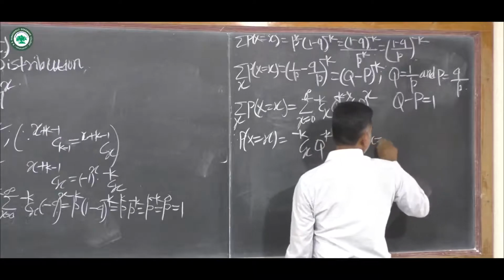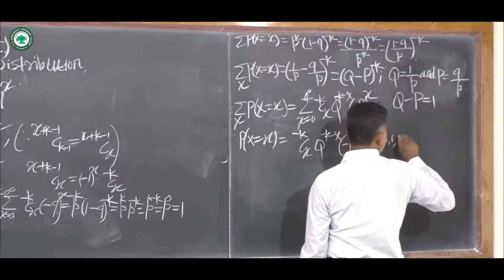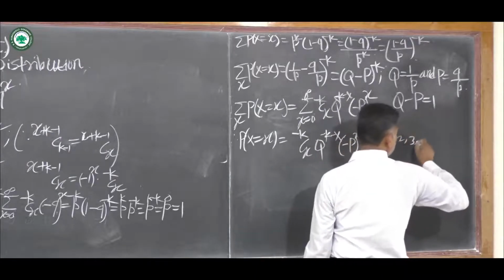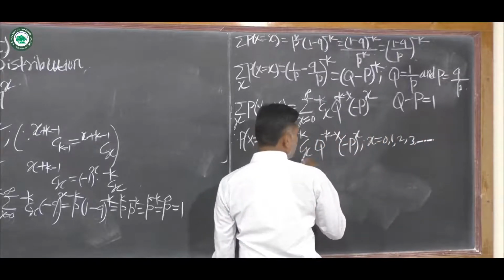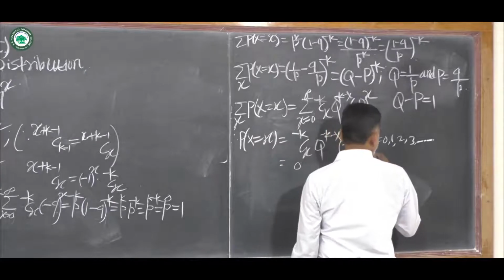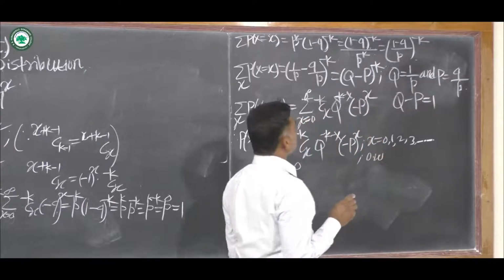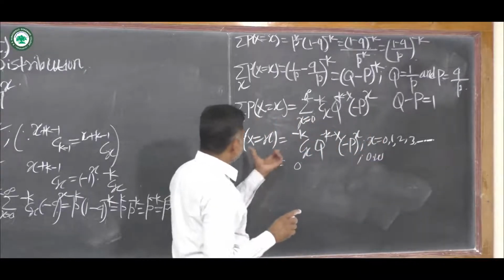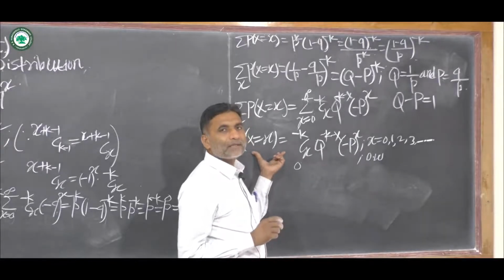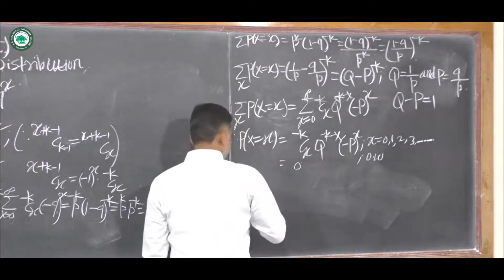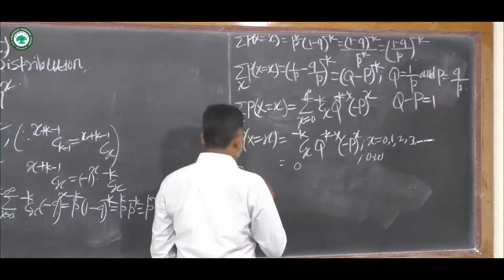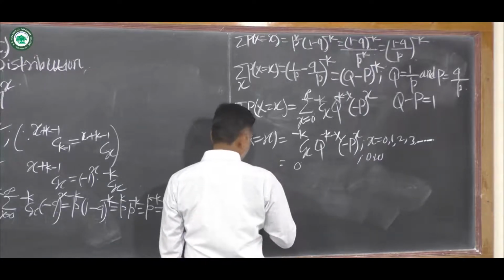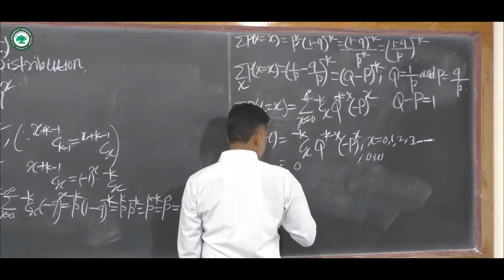Here x takes values 0, 1, 2, 3, and so on, 0 otherwise. Okay, 0 otherwise, and this is the Pascal distribution. The above probability mass function is called the Pascal distribution.